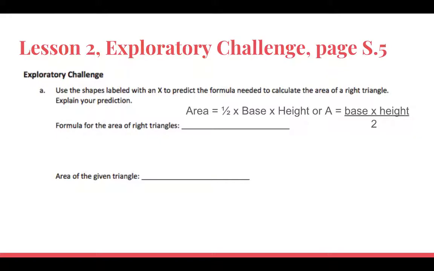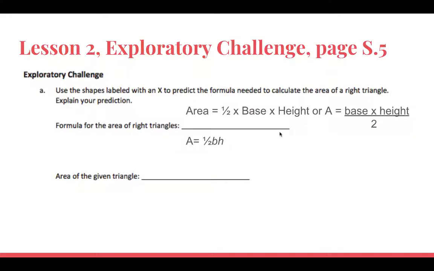And remember parallelograms, but basically a rectangle is a parallelogram. Your formula was area equals base times height. From here on you will most likely see this written as A equals BH, B for base, H for height.